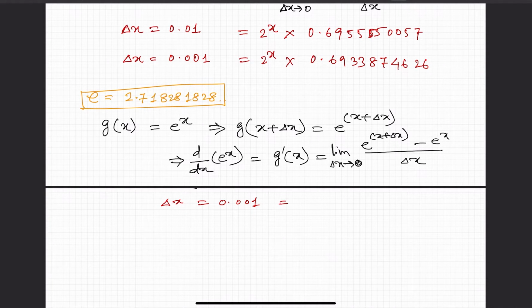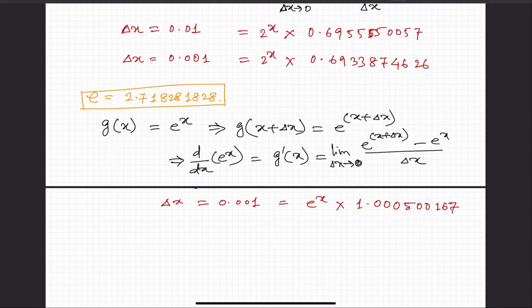It would become e to the power x multiplied by 1.0005, 1.000500167.